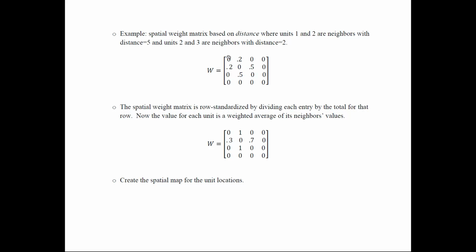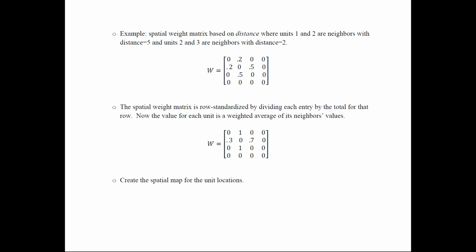And same thing, unit 2 and 1 are neighbors with distance 5, therefore this is 0.2. And then we have unit 2 and 3 are neighbors, and 3 and 2 are neighbors. So these two values would be equal to 1 divided by the distance of 2, or would be equal to 0.5. Okay, so this is how the spatial weight matrix looks like.